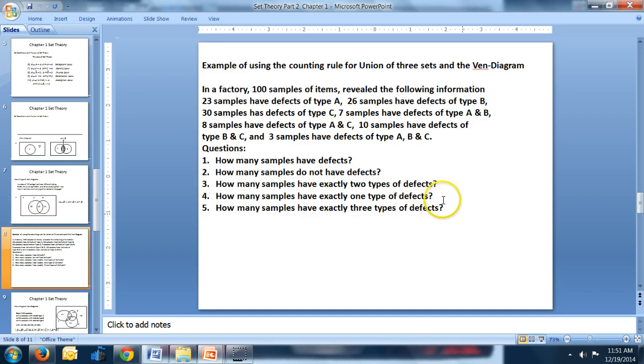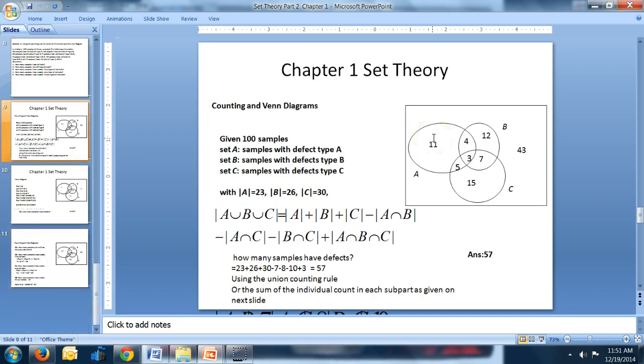Of course, the 3 defectives are given in the problem itself, which is these 3 samples that have A, B, and C.